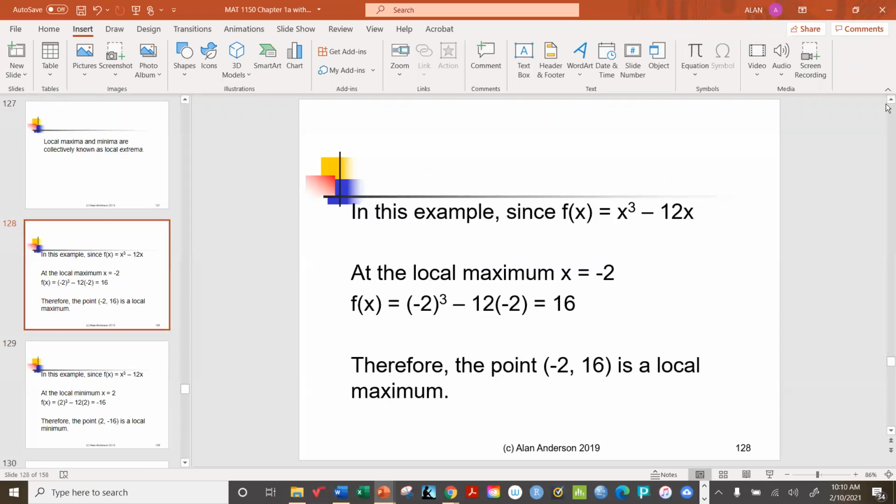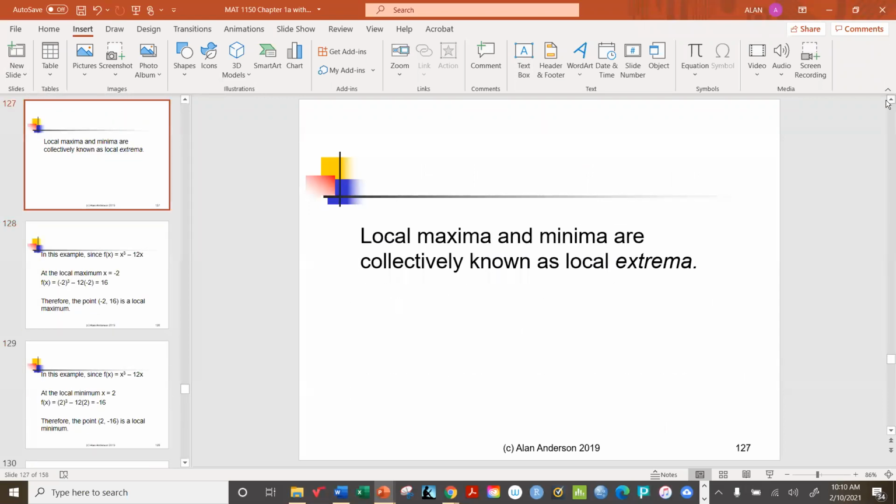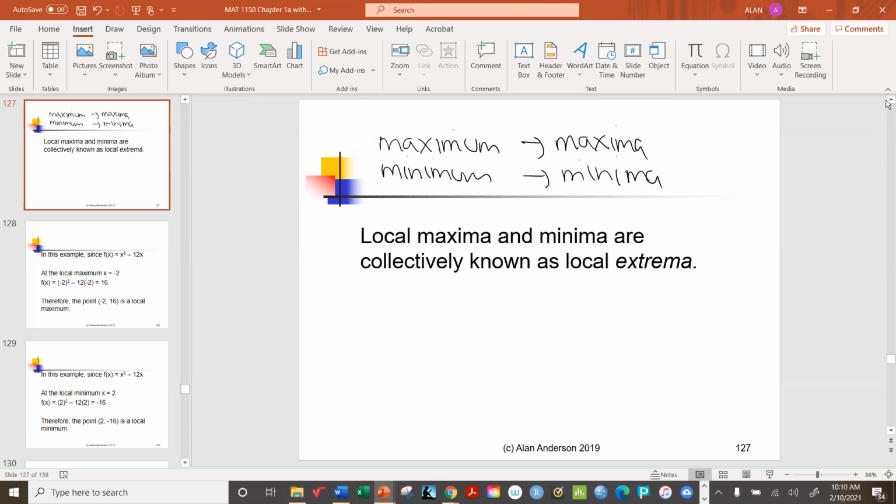Oh, one more thing. I just want to point out, this is just terminology. First of all, these are Latin words. So this is what you run into. The plural of maximum is actually maxima. And the plural of minimum is minima. All right, just remember that.